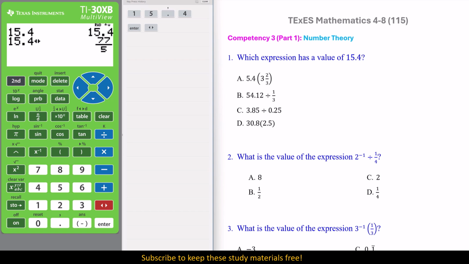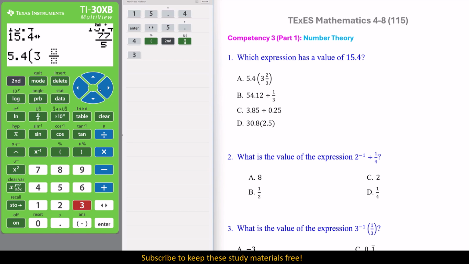Even though some of it you might see you could do by hand or in your head, I don't recommend that, all right? So let's give it a try. Let's go with A, okay? We have 5.4 parentheses. Now, for that mixed number, I use second fraction, which sets us up, and that's 3, arrow over, 2 over 3.